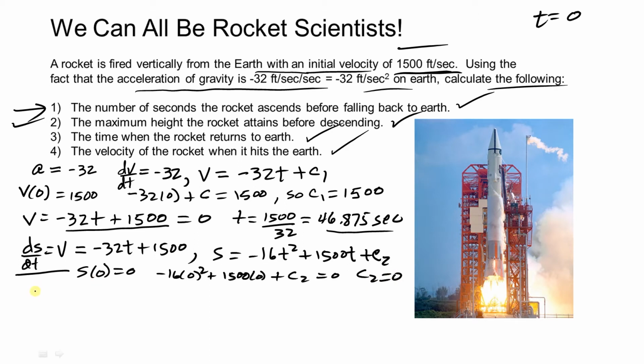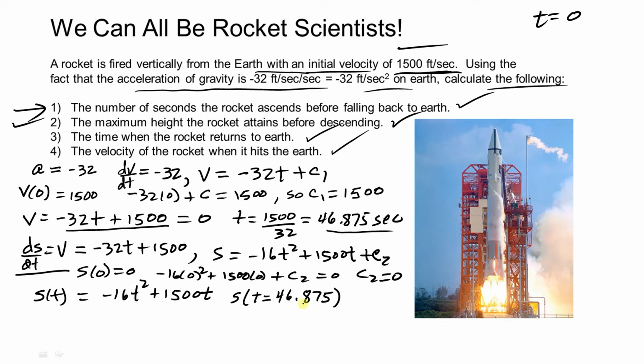So now we know that the position s of t is equal to minus 16t squared plus 1500t. We can find the maximum height the rocket attains by calculating the position at t equal to 46.875. That's when it starts falling back to Earth.